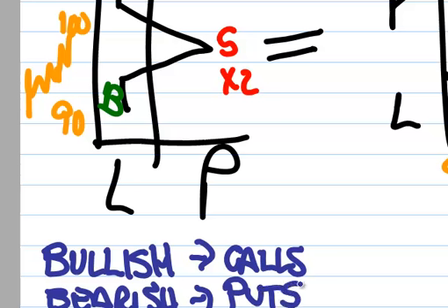More than anything, it has to do with slippage. You want to minimize the impact of the bid-ask spread, how much it would take to buy the underlying option and then to resell that option. So that's why we're focused on calls when bullish and puts when bearish.